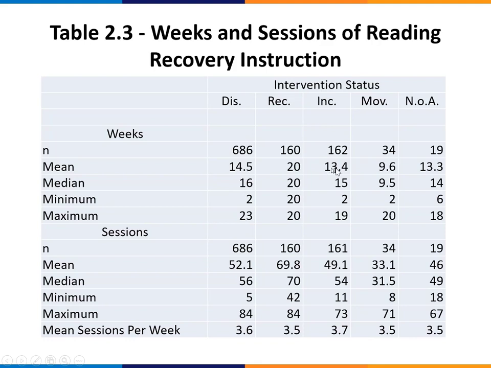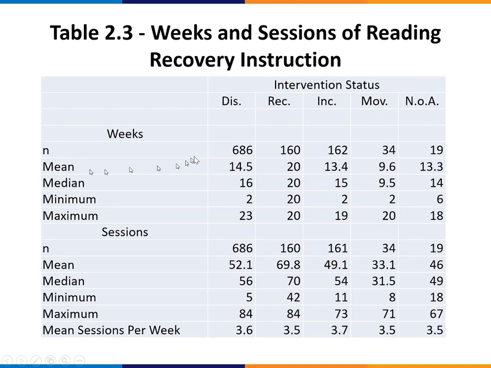incompletes. 14.5, 13.4. Jeff, what's the difference between the median and the mean? And why should I care? So the mean, which is also called the arithmetic mean, the difference is that to figure out the mean, our system adds up all of the weeks that your kids have got and then divides it by the number of kids used in the calculation.